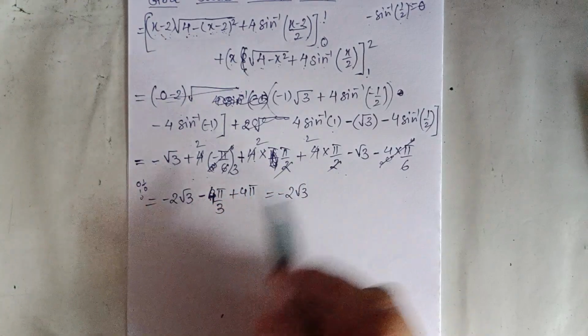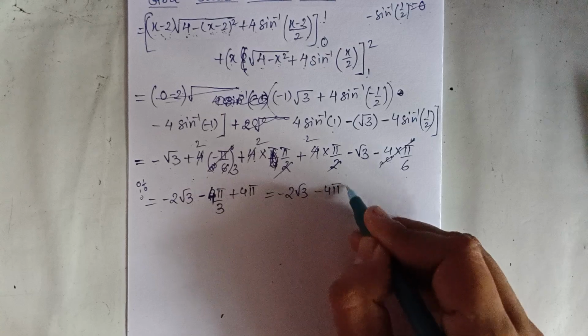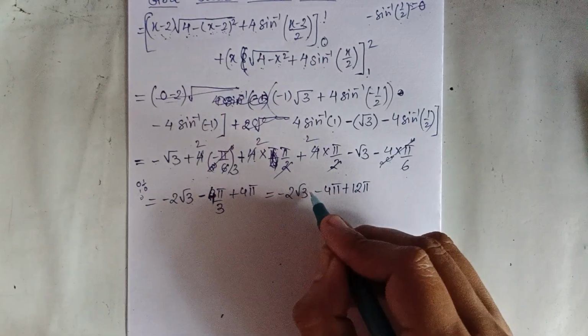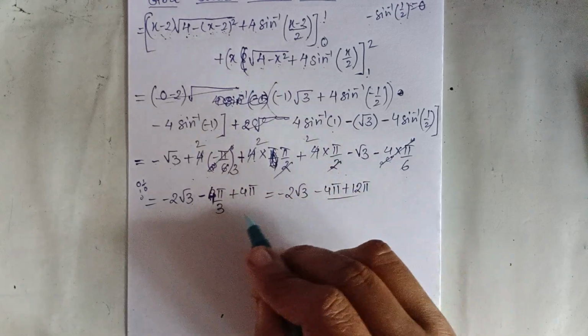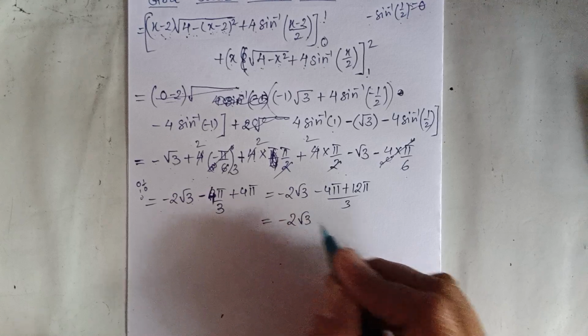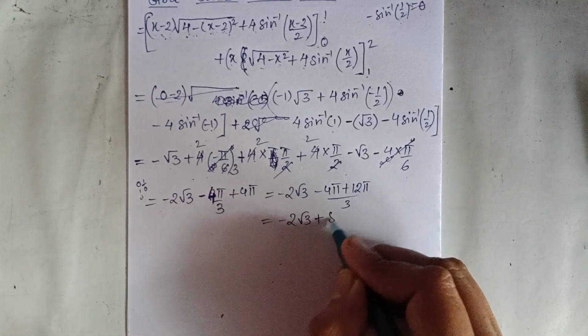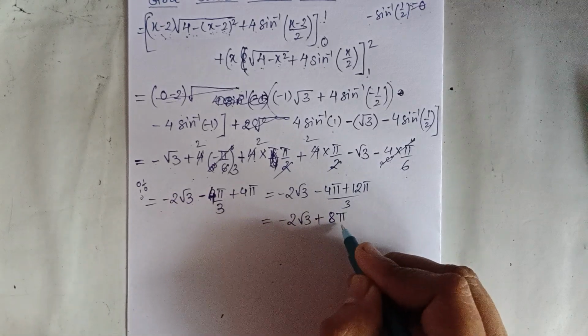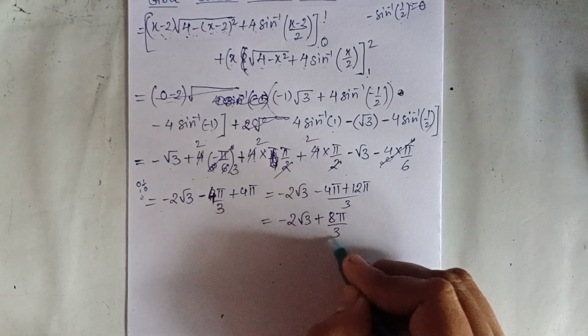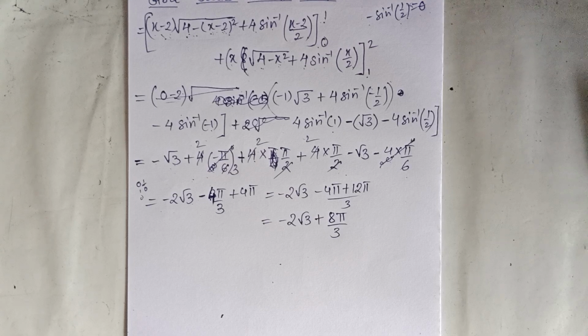Cross multiplying this, you will get minus 4 pi plus 12 pi upon 3, which is 8 pi by 3.